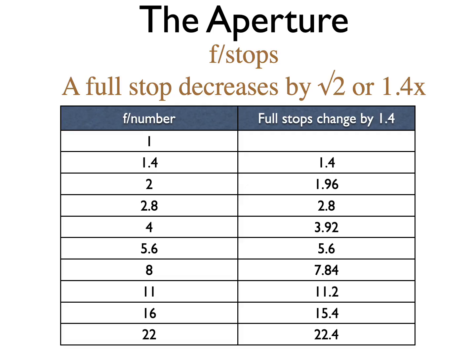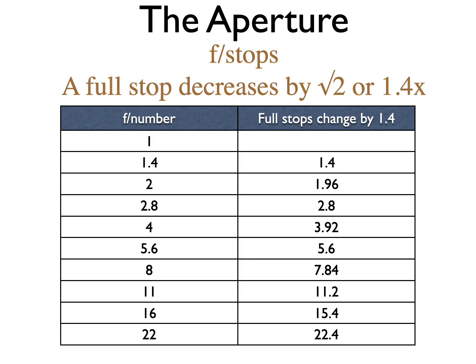If you started at f1 and multiplied by 1.4, the next lens opening, getting smaller in the series, would be 1.4. Now multiply that again by 1.4 and you get 1.96, but we rounded up to f2.